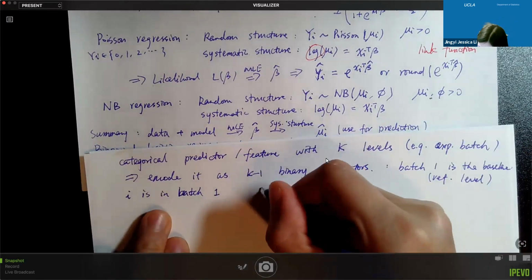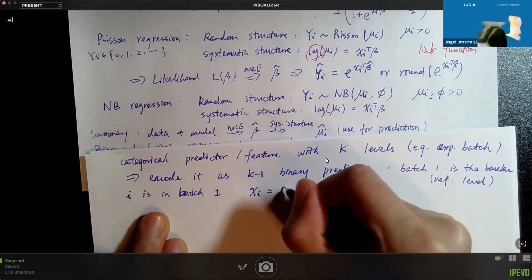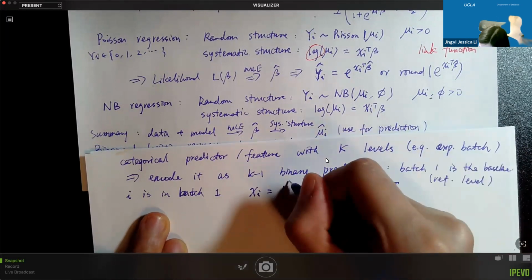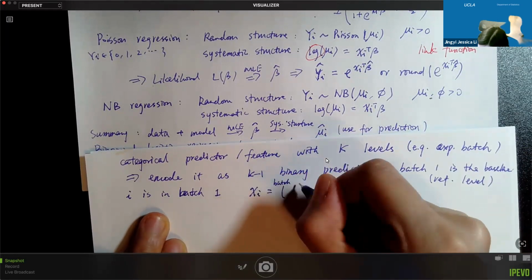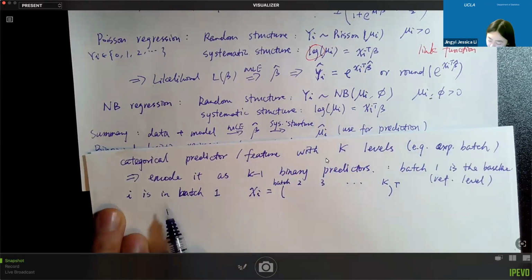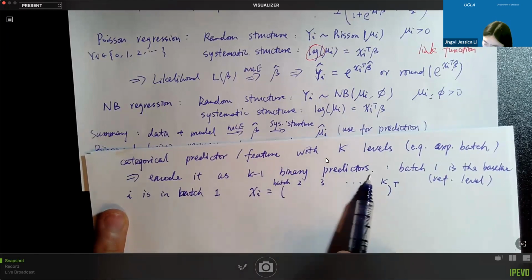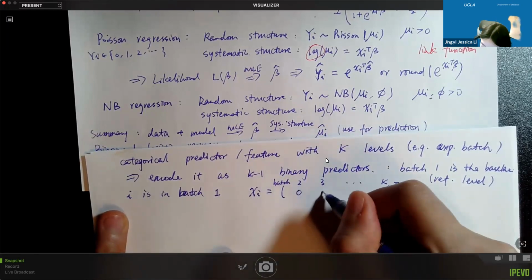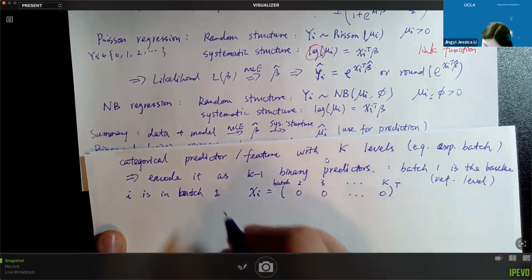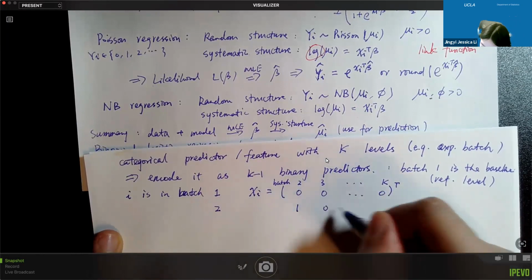So in this case, we can write x_i as a vector with k-1 dimensions, corresponding to batch 2, 3, up to batch k. Because observation i is in batch 1, its corresponding binary predictors will have value 0 throughout. If it's in batch 2, we will encode it as 1, 0, 0.